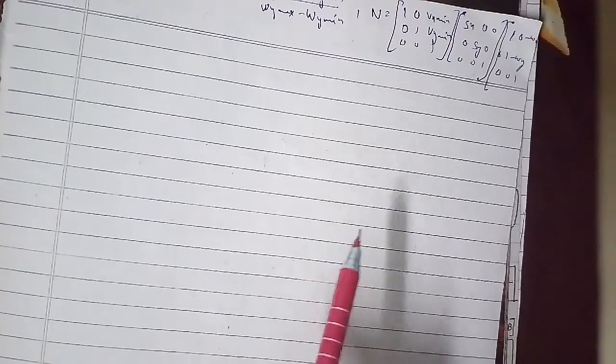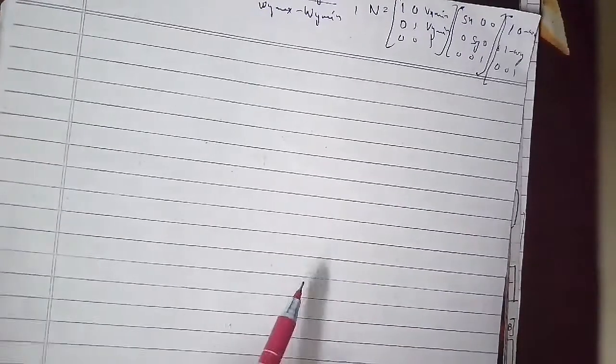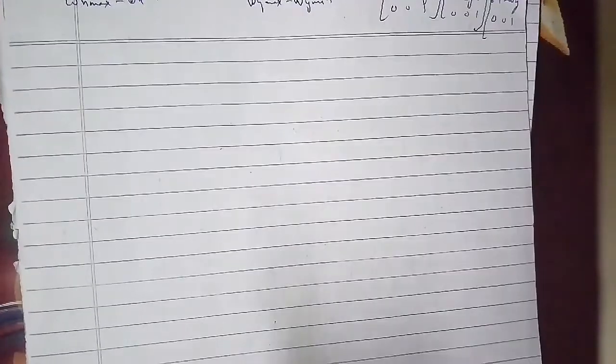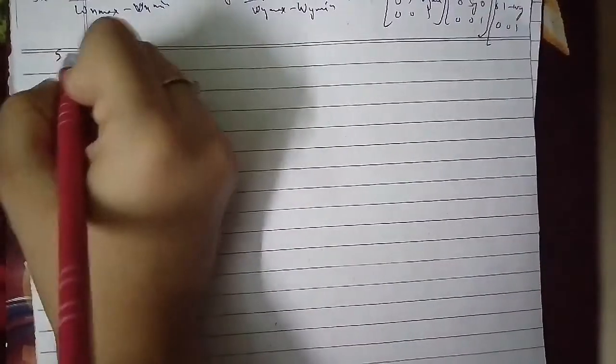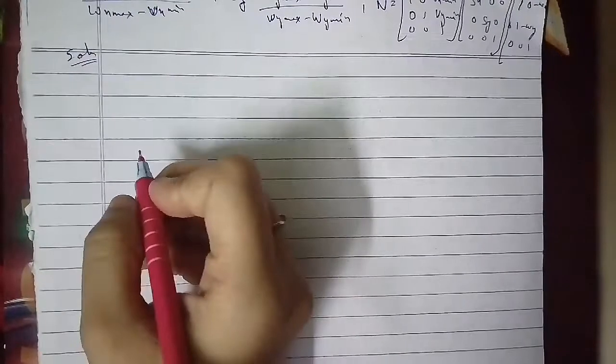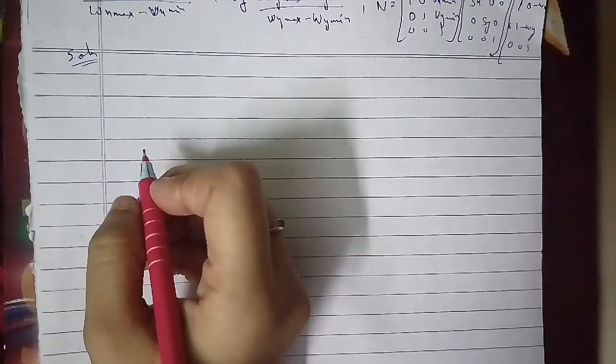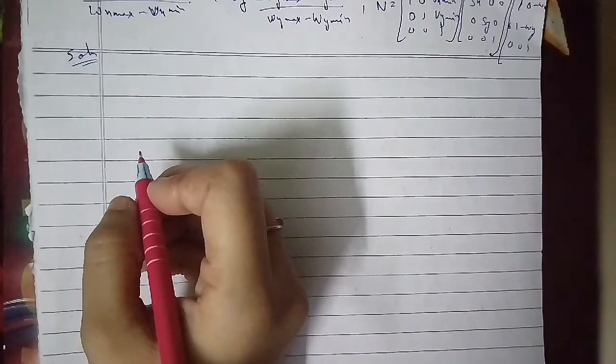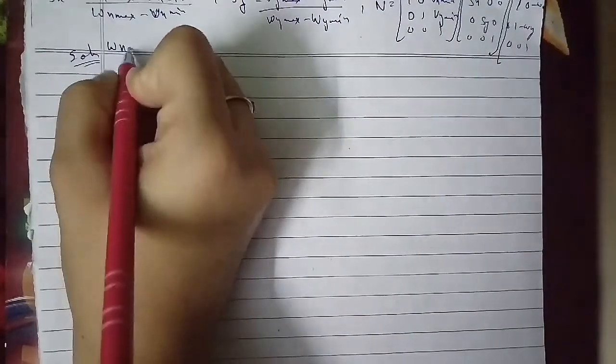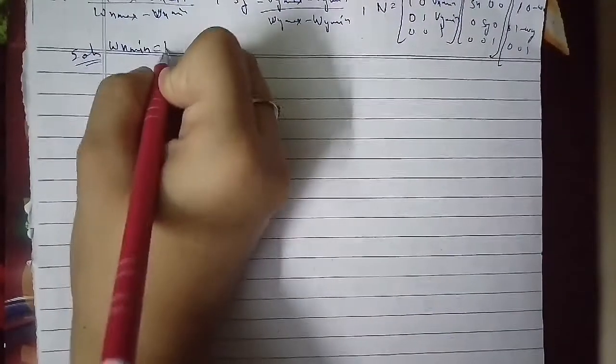If I'm talking about Sx, that is (1/2) upon 9, which equals 1 upon 18. It will go down, 9 times 2 is 18, so 1 upon 18 here. Then we find the other one, which is Sy. In the case of Sy, it equals (1/2) upon 9, and you will get 1 by 18 only.